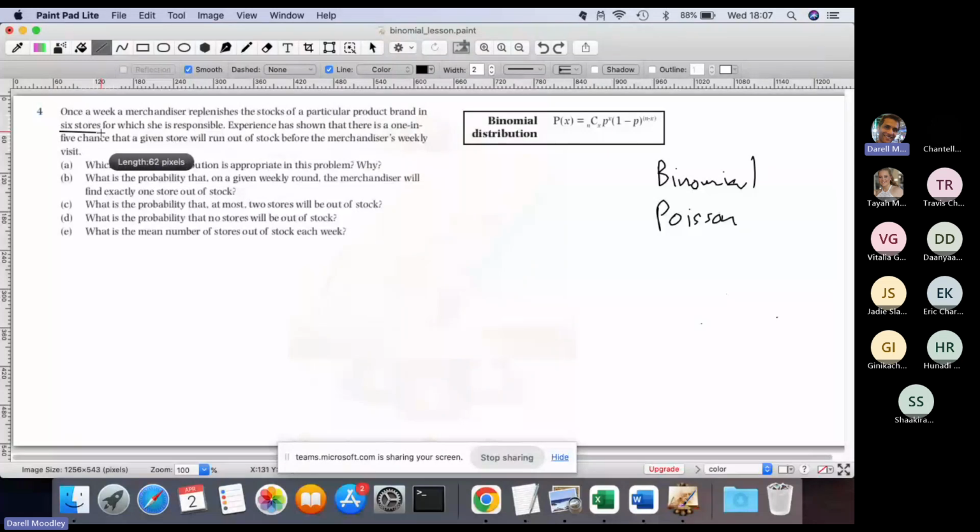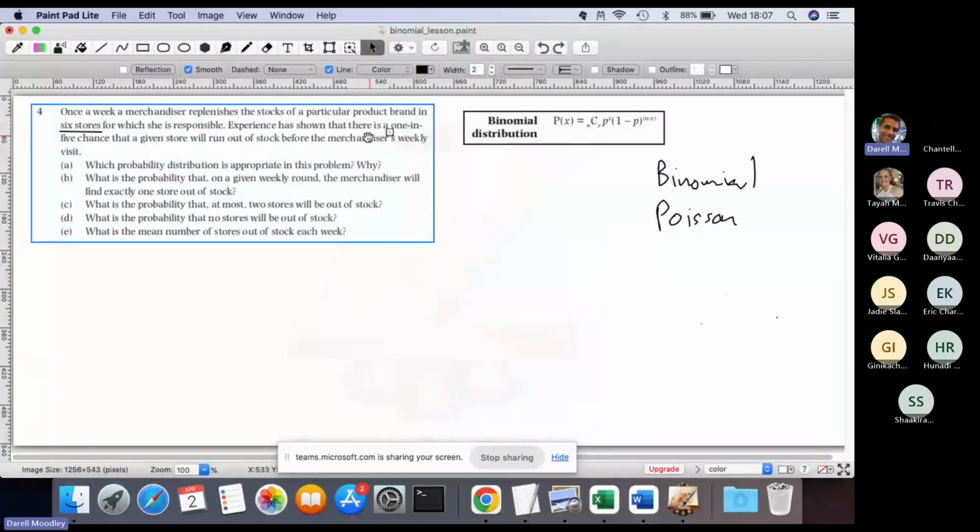So there are 6 stores, and this is what she is responsible for, to replenish stocks in these 6 stores. Experience has shown that there is a 1 in 5 chance. In other words, this 1 in 5 chance is a probability.